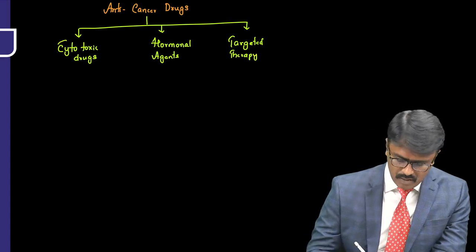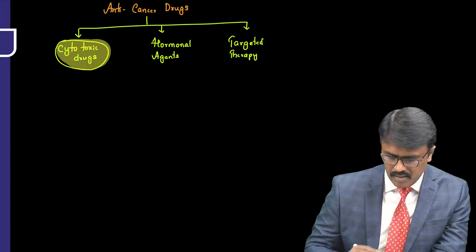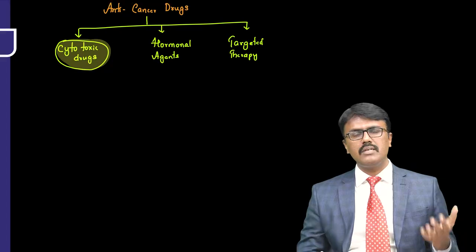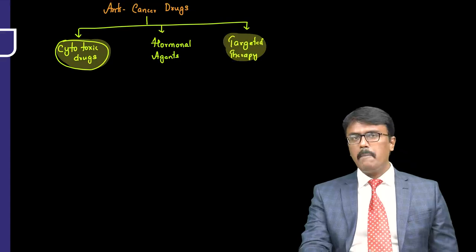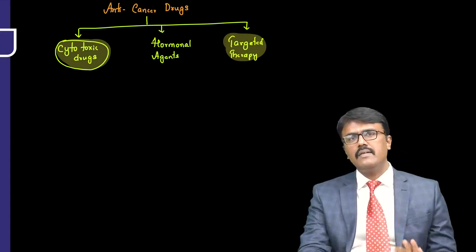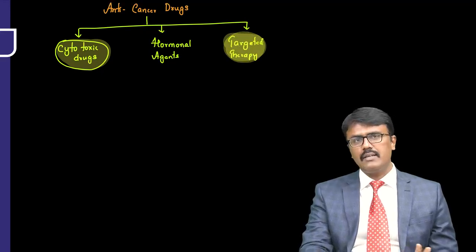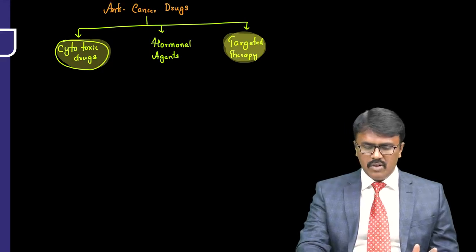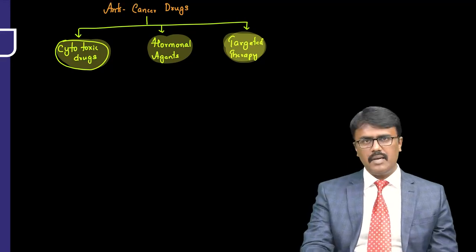The problem with cytotoxic drugs, as we just discussed, is that they don't target only the cancer cell, they also target normal cells. That's why there are so many adverse effects. Targeted therapy mainly targets the cancer cell and spares the normal cells. So nowadays the focus is mainly on targeted therapy. Hormonal agents we have discussed in endocrine, I will just brush up again in anti-cancer therapy.